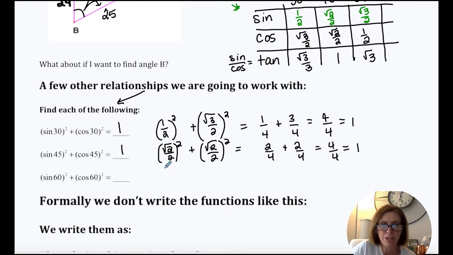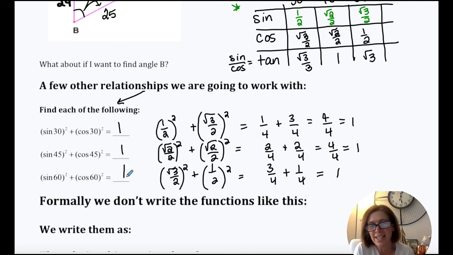So let's try the last one. Sine 60, you do it. Pause it and come back. Okay, so hopefully you plugged in sine of 60, root 3 over 2, squared plus 1/2 squared equals 3/4 plus 1/4, which equaled 1.